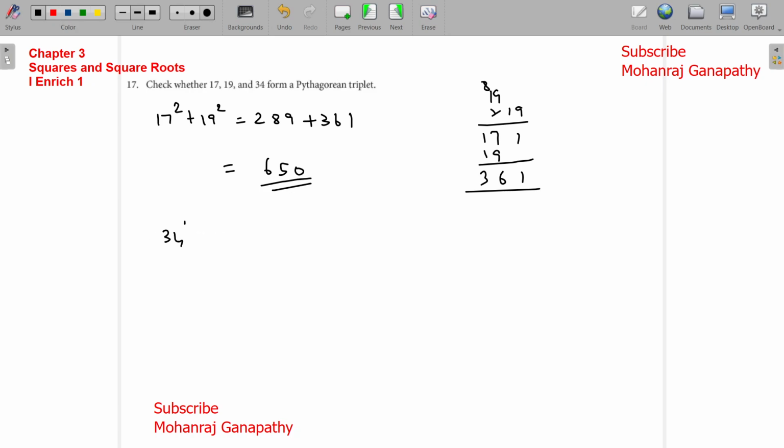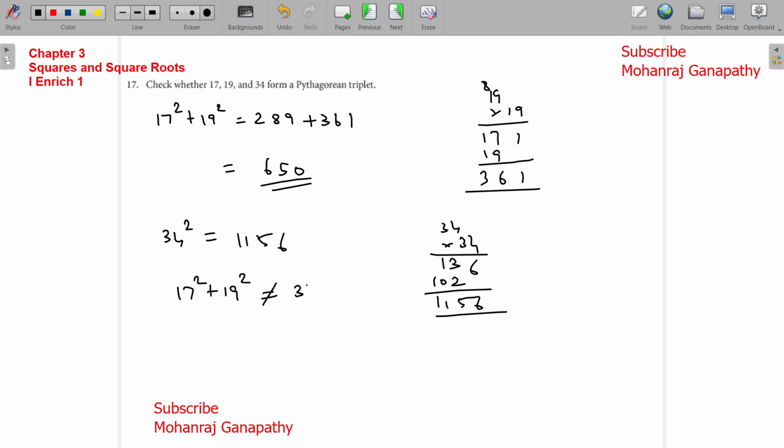On squaring 34, 34 into 34 is 1156. 17 square plus 19 square is not equal to 34 square. Therefore, 17, 19 and 34 are not a Pythagorean triplet.